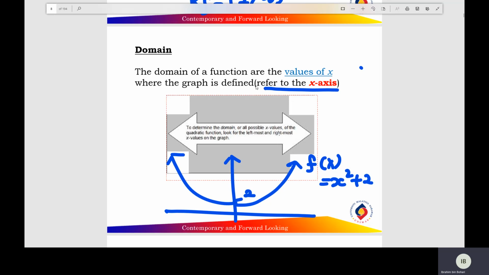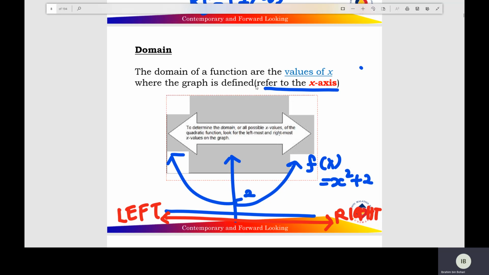So here, you check the value of x from the left of the function, starting from here. The x values of the quadratic function start from negative infinity to positive infinity.